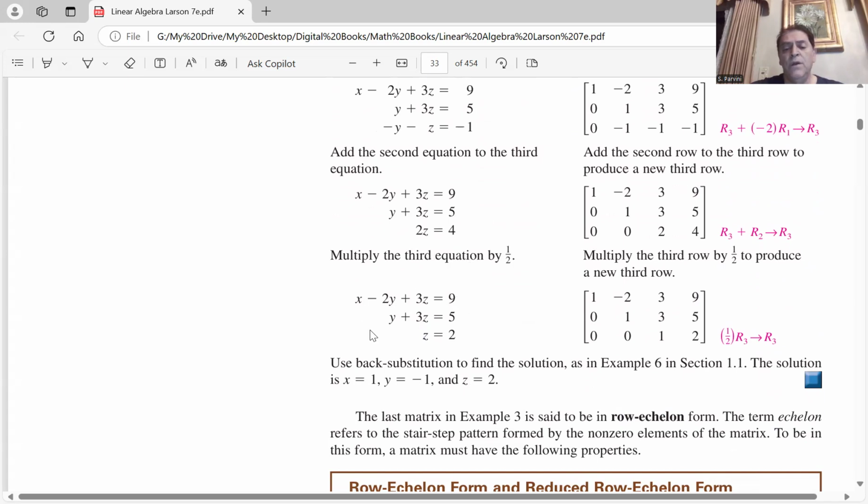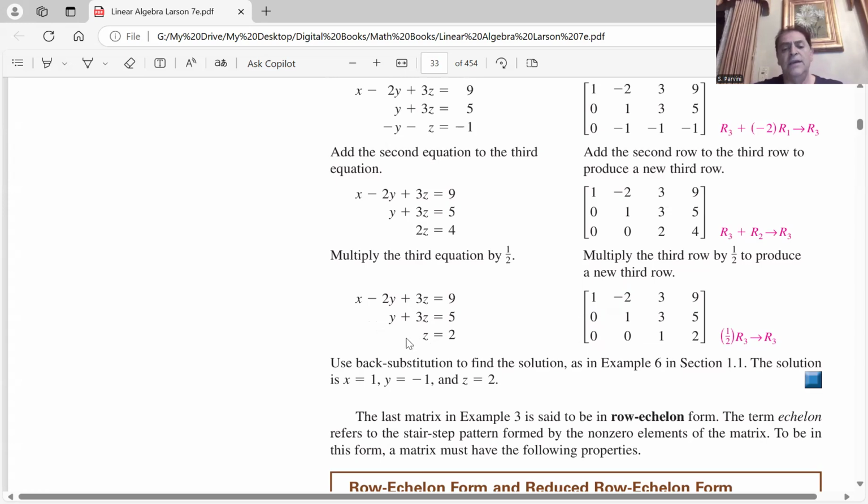Now, look at the matrix on the right. This would be the matrix equivalent to the system. The absence of x in the second row and the absence of x and y in the third row cause the zeros that you see here: a 0 in the second row, and 0, 0 in the third row for those missing variables.